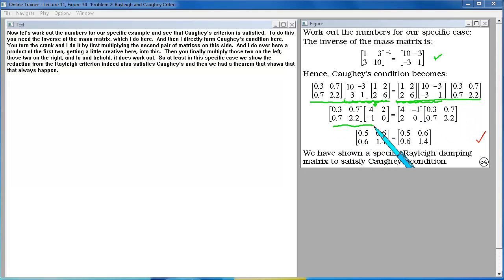Then you finally multiply those two on the left, those two on the right, and lo and behold, it does work out. So, at least in this specific case, we show the reduction from the Rayleigh criterion indeed also satisfies Caughey's, and then we had a theorem that shows that that always happens.